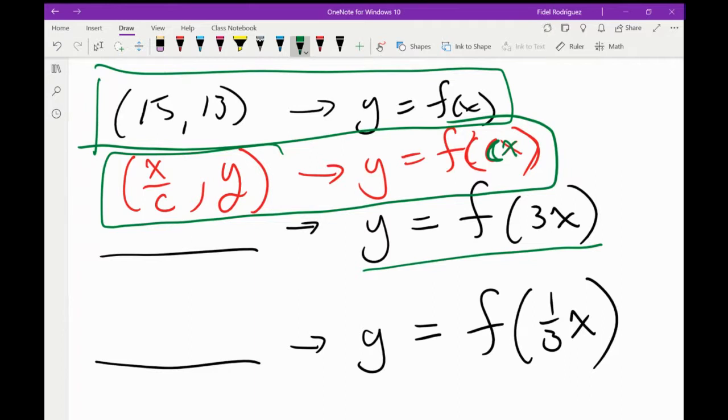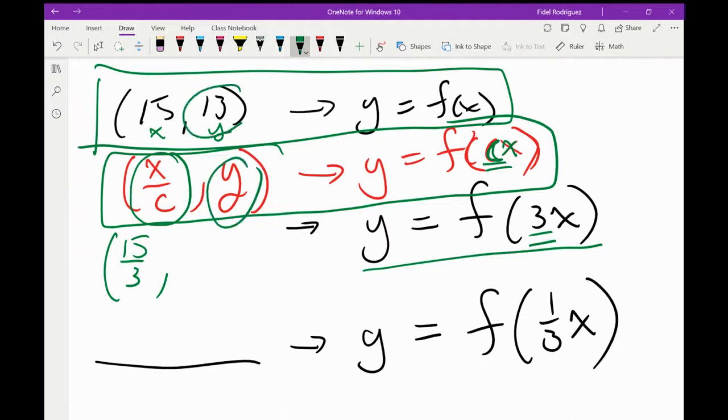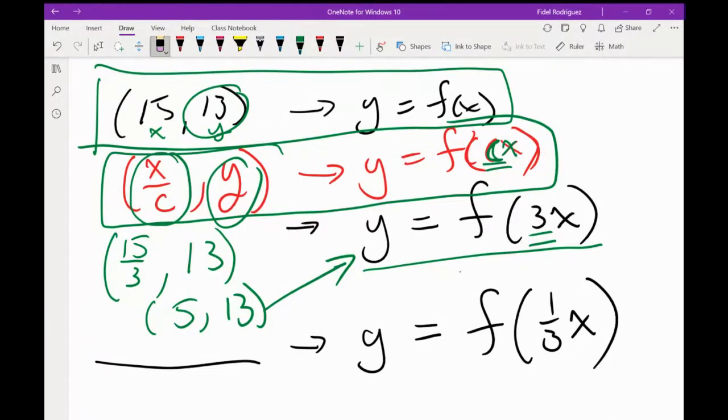I want you to notice what we're doing here, guys. If this is my x and this is my y, we take our x number and divide it by whatever the number c is. In this case, c is 3. So I take the number 15 and divide it by 3. The y number is not going to change; it's still 13. So 15 divided by 3 is 5, and (5, 13) is the point on y equals f of 3x.